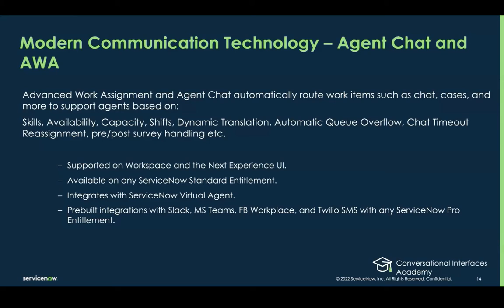Let's say the conversation is taking a long time and there's no response from the agent, then you can time out and reassign to another agent. And then pre- or post-chat surveys are also possible. You can send a set of questions to collect the requester's feedback as a pre-chat or post-chat survey. Agent chat and advanced work assignment are supported in all our workspaces in the Next Experience UI.